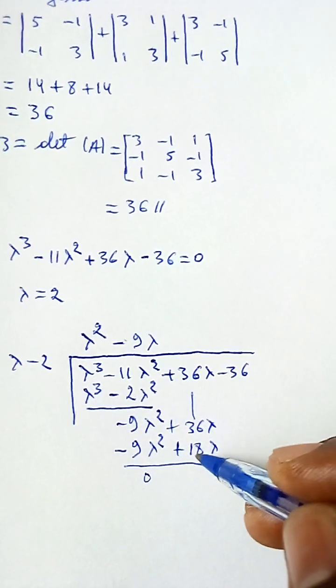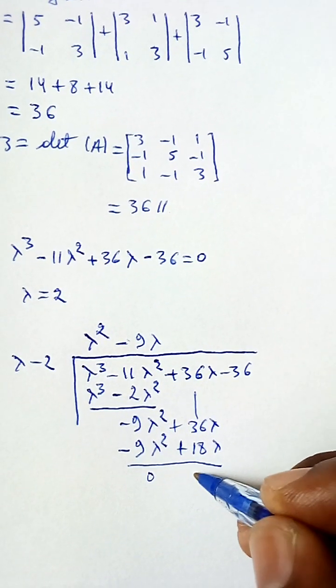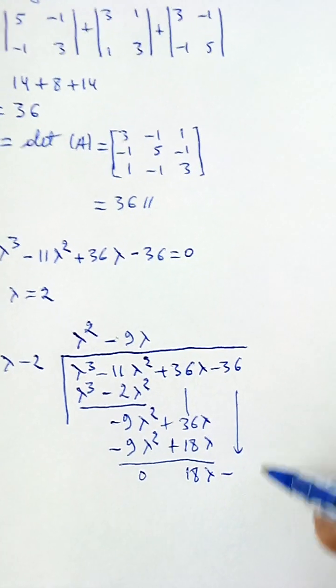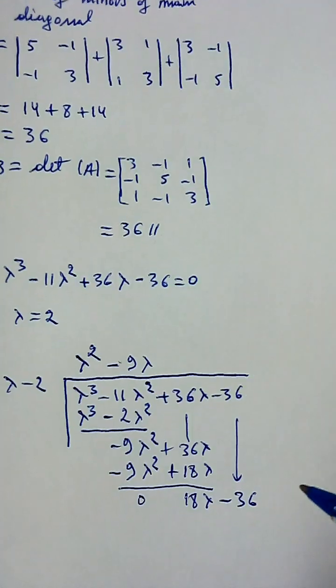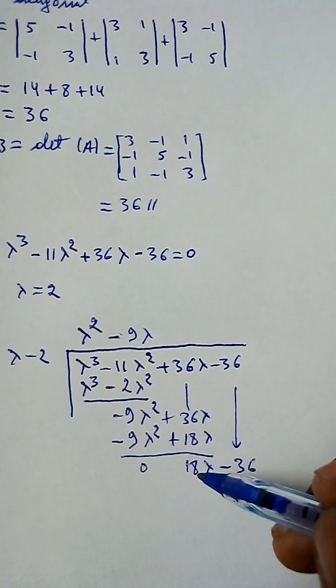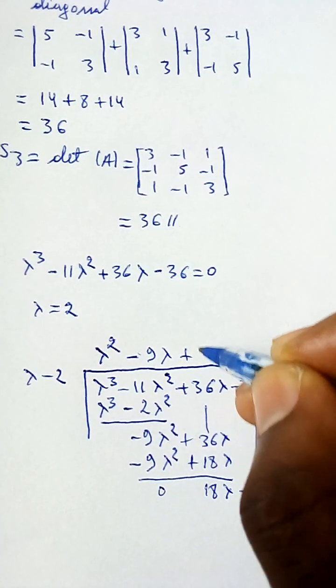36 lambda minus 18 lambda is equal to 18 lambda. Here we have 36. So we have to make 18 lambda 0 here, so you have to put here plus 18.